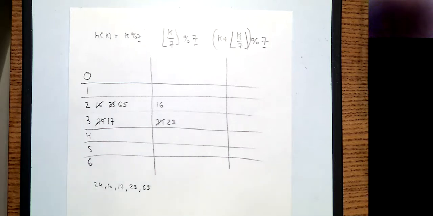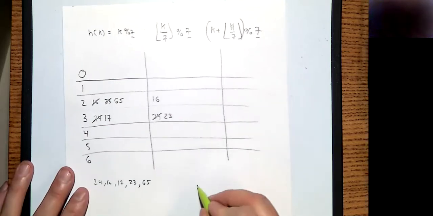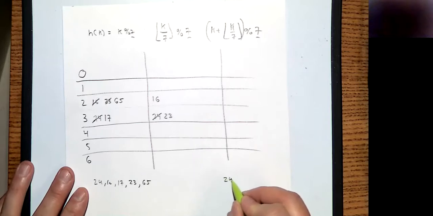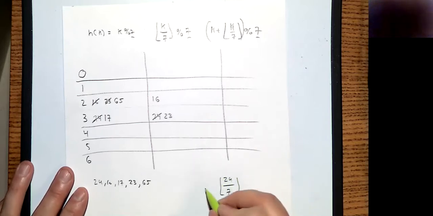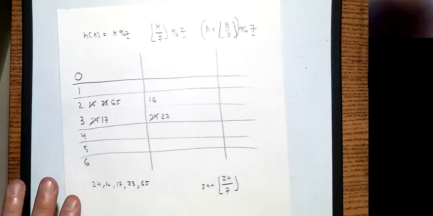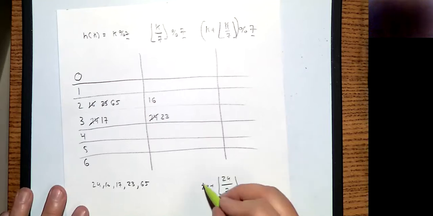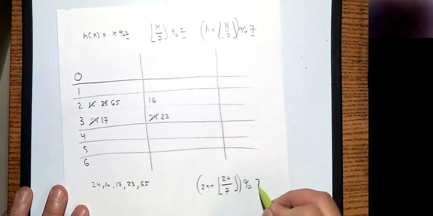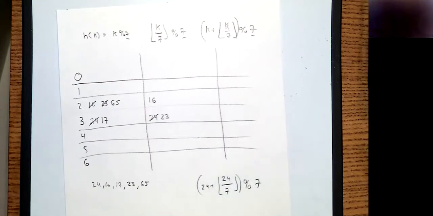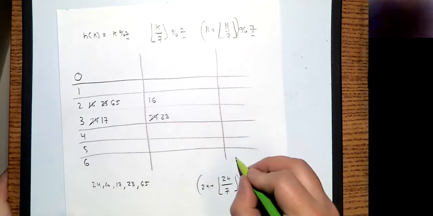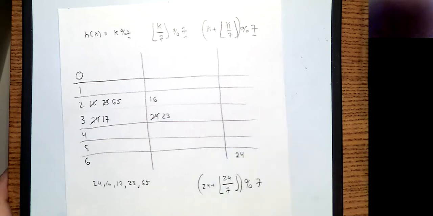Then we do 24 plus 3, which is 27. This entire quantity is then modded by 7, so 27 mod 7 is 6. So 24 goes here.